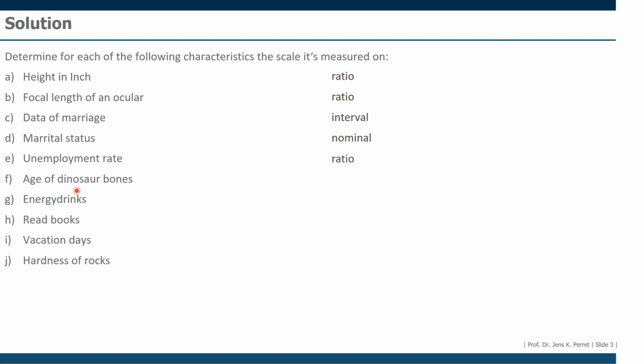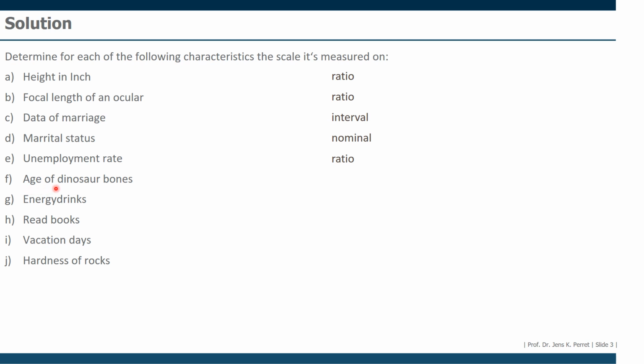Then I have the age of dinosaur bones. The age, as compared to dates, has an absolute 0. If this would actually be, let's say, a newborn dinosaur, the bones would have an age of 0. It's not possible to have like minus ages. You might imagine this. There's no one who's aged like minus 80 years.